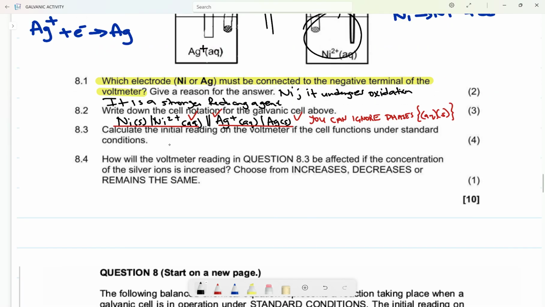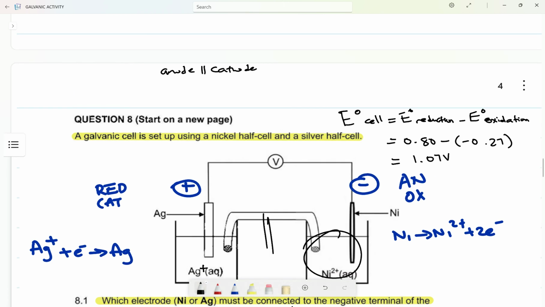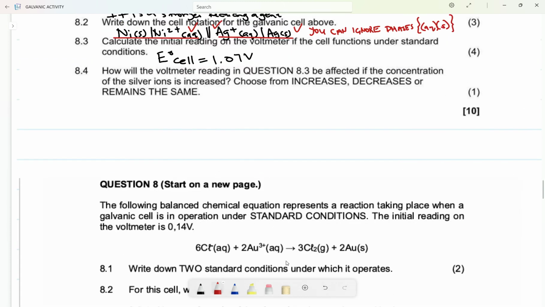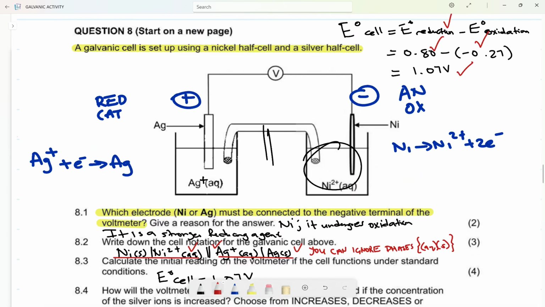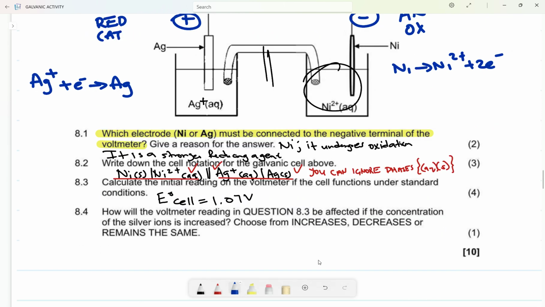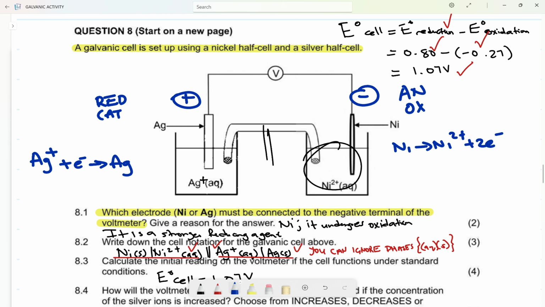So we found that the initial cell, don't forget to include volts, okay? So we mark this, the formula. How will the voltmeter reading be affected if the concentration of silver is increased? Now you need to write down the full net cell so that you understand this question.